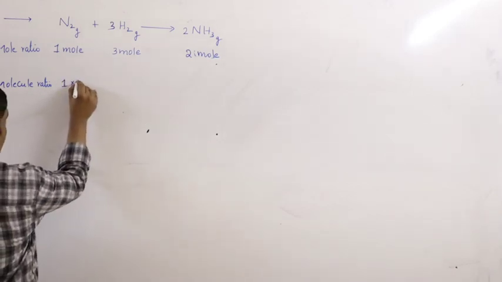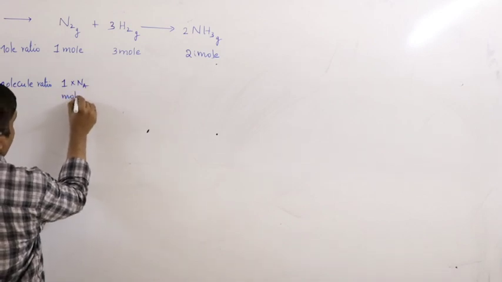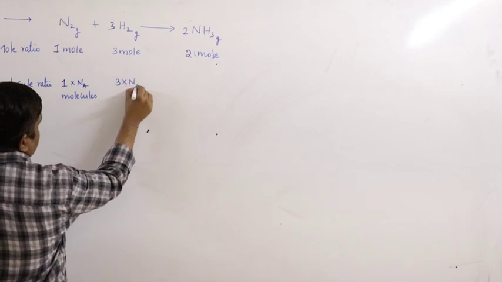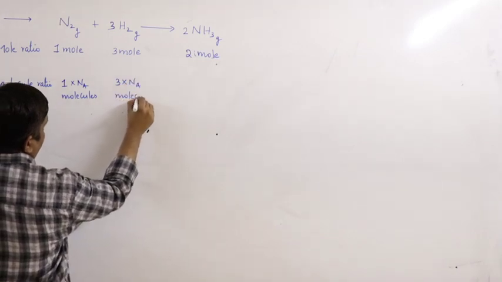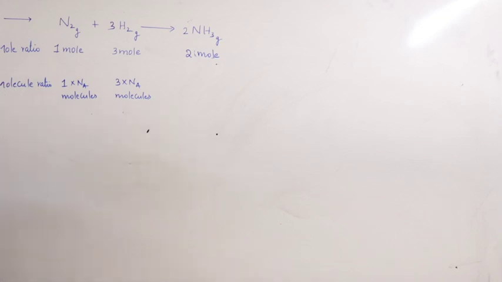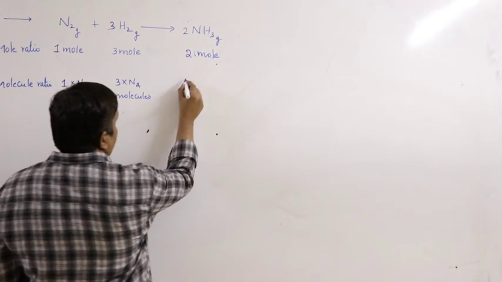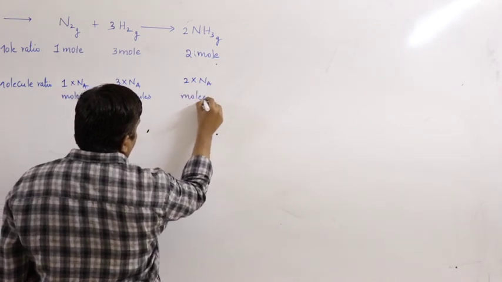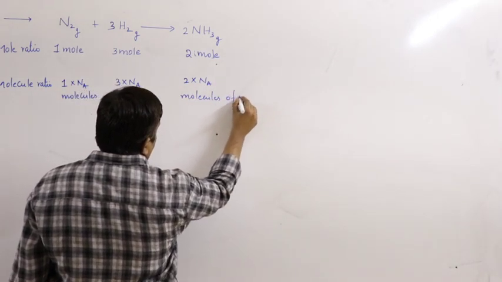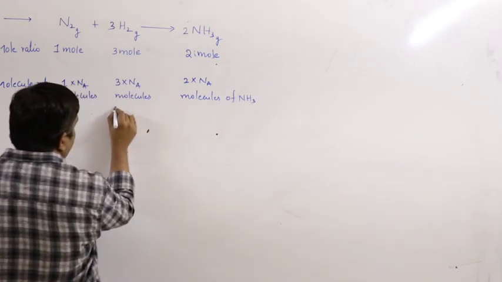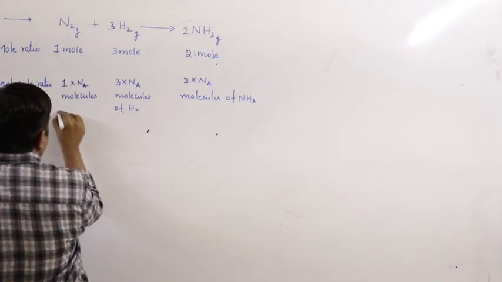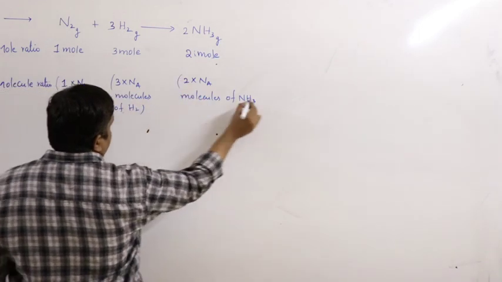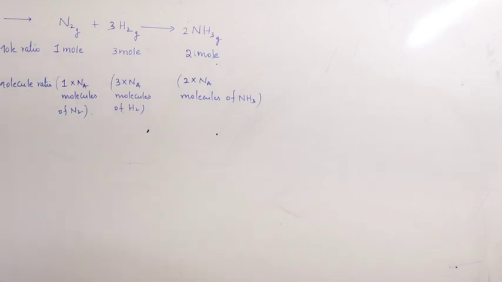So 1 into Avogadro number of molecules of nitrogen reacts with 3 moles, that means 3 into Avogadro number of molecules of hydrogen, to form 2 moles, 2 into Avogadro number of molecules of ammonia. So this is the molecule ratio.